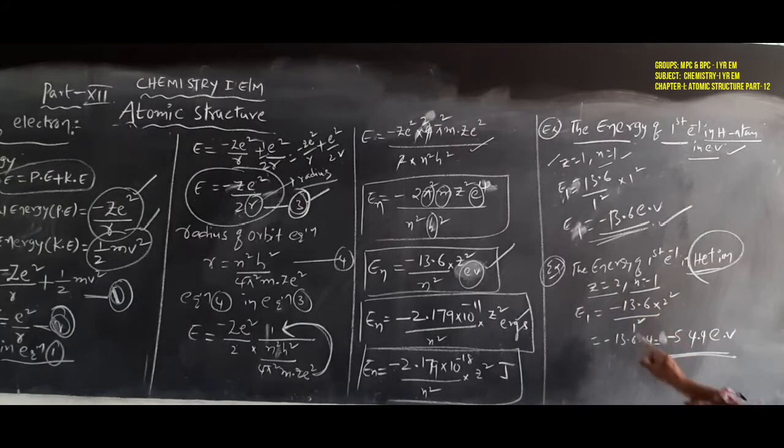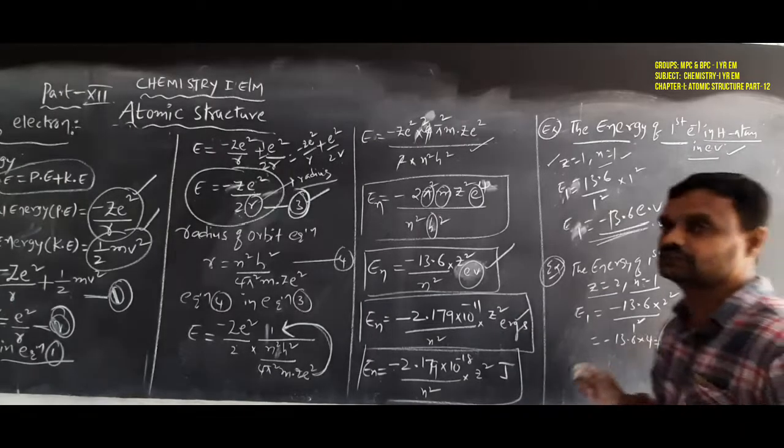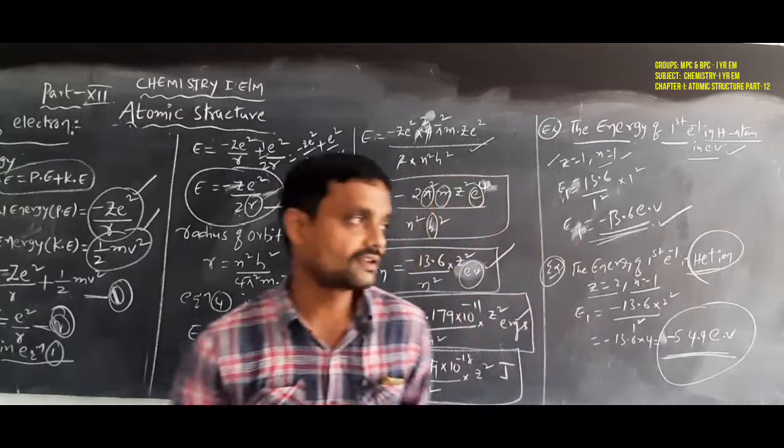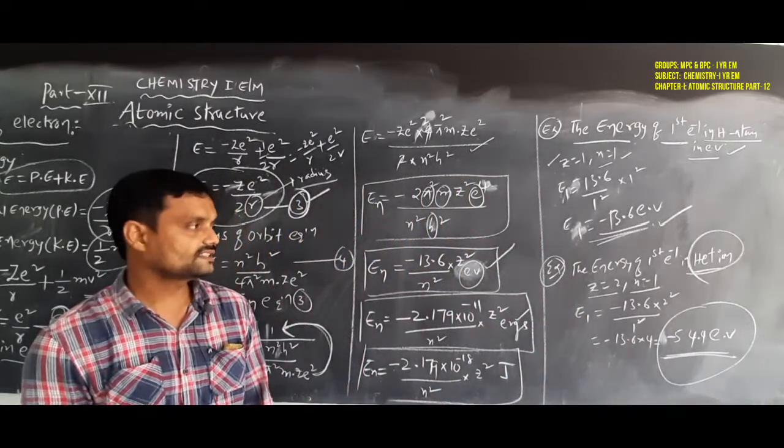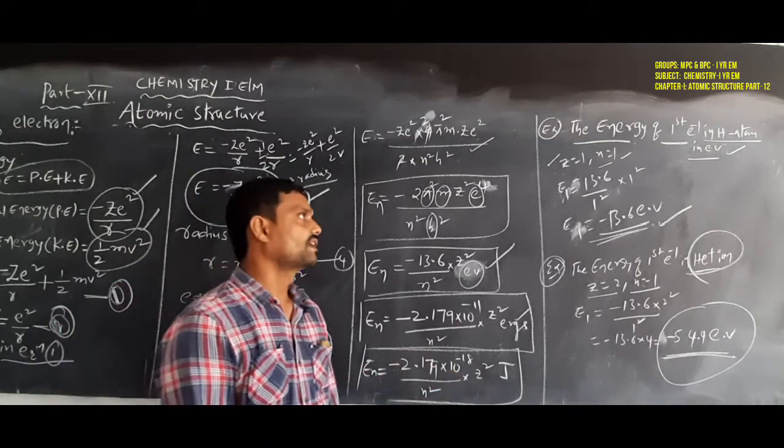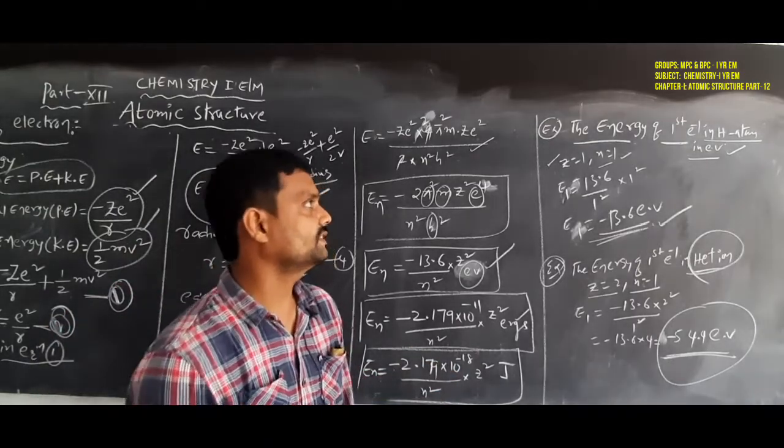On simplification, minus 13.6 into 4. So the answer is E1 equal to minus 54.4 electron volts for the helium plus ion. By using this method we should solve different types of questions.